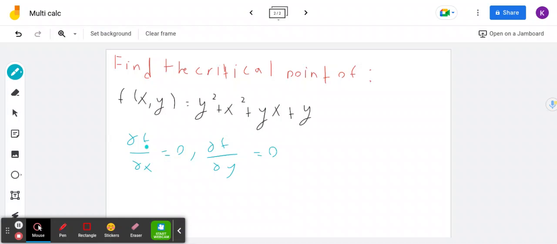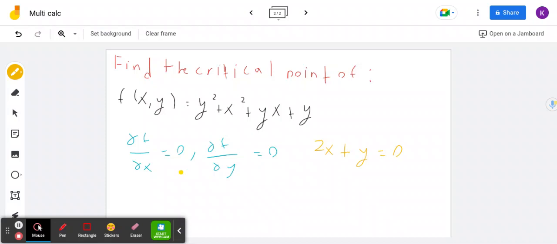So let's begin. Let's take the partial derivative with respect to x. I'm going to use maybe yellow here. If we do, y squared is just a constant, so it becomes 0. So we just get 2x with respect to x, plus the derivative of yx, which is just y, and then this equals 0 because we wanted it to equal 0.